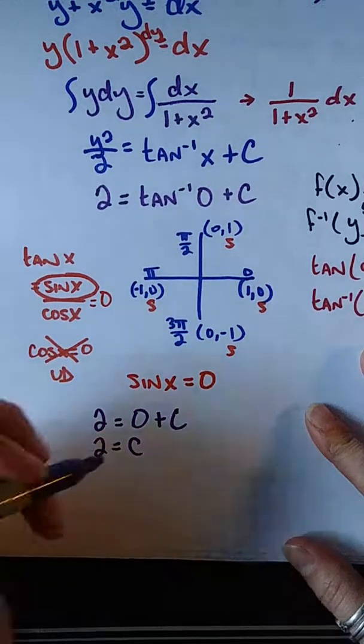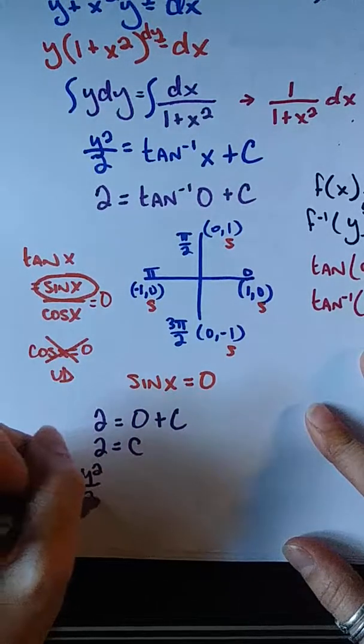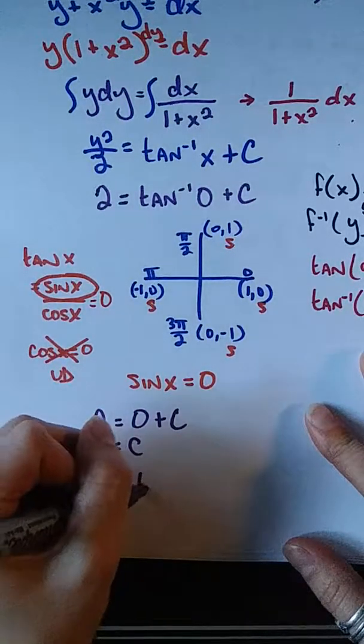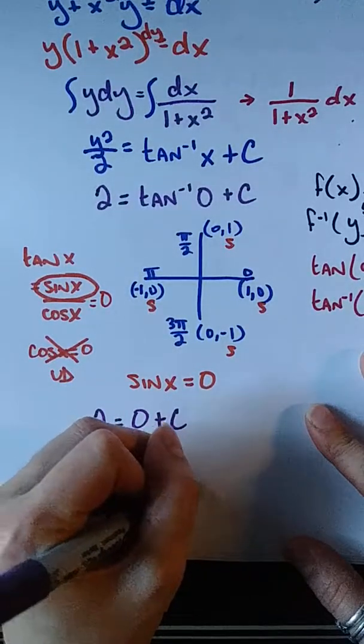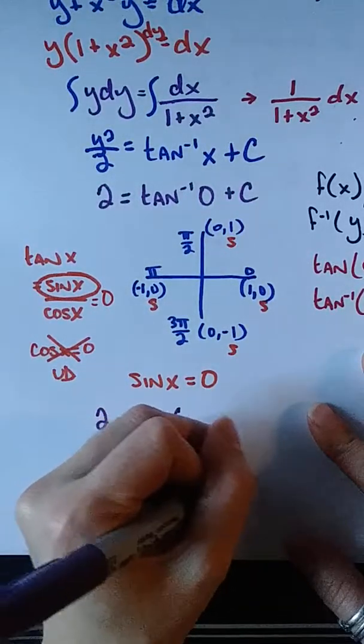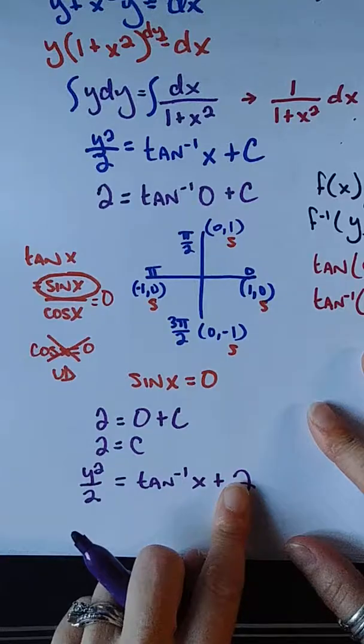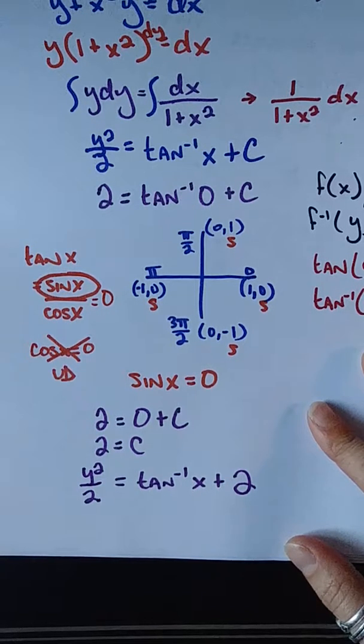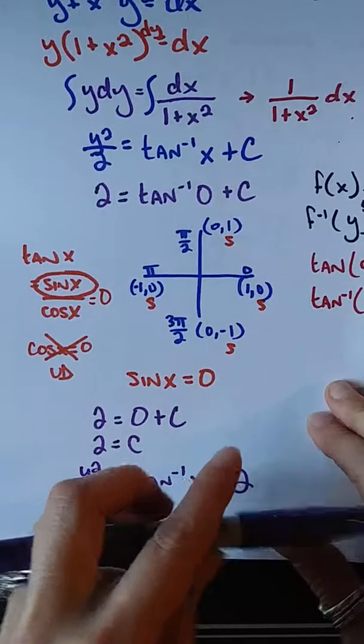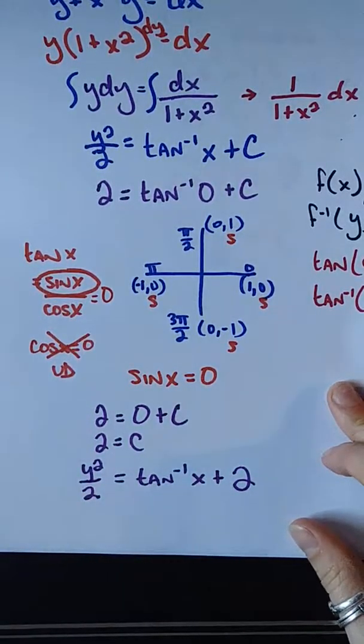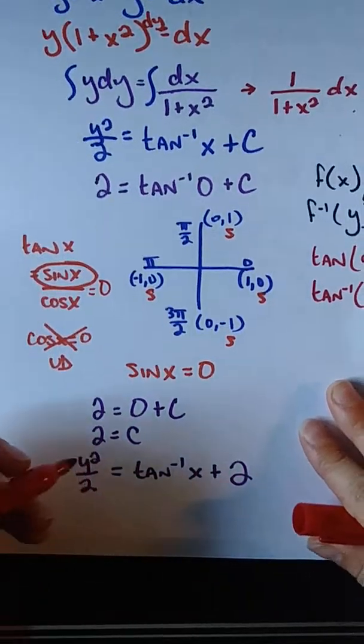If that's the case, then y squared over 2 equals the inverse tangent of x plus 2, because c is 2. All I have to do to finish solving this equation is multiply both sides by 2 and then square root. So let's go ahead and multiply both sides by 2.